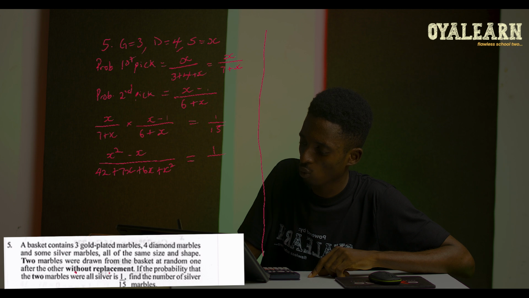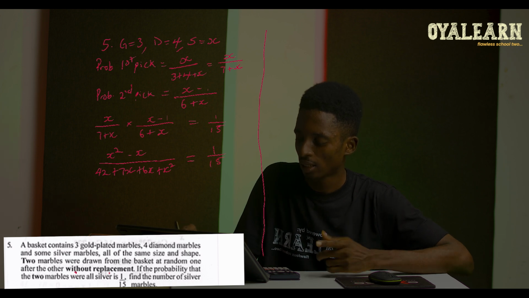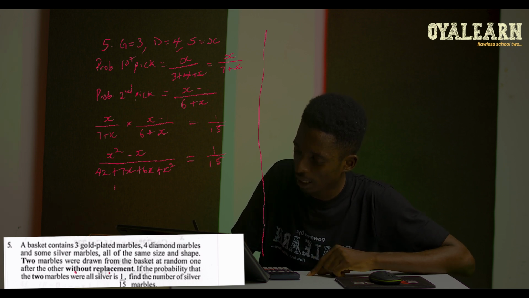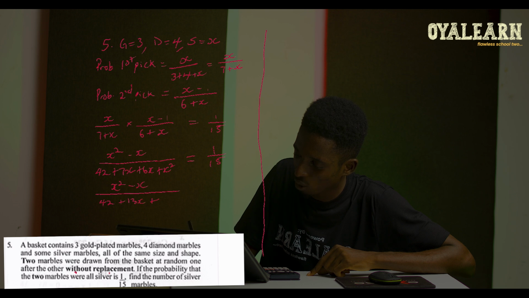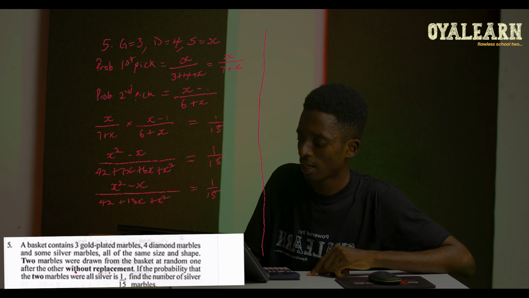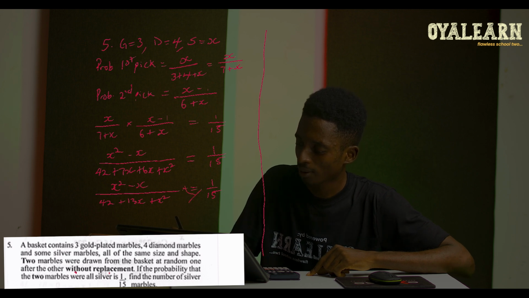And all of this equals 1 over 15. When we simplify further, we see that x squared minus x, all over 42 plus 13x plus x squared, equals 1 over 15. Now we can cross multiply.